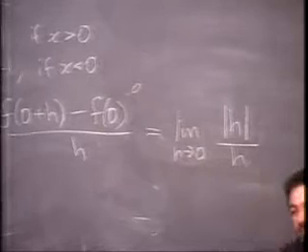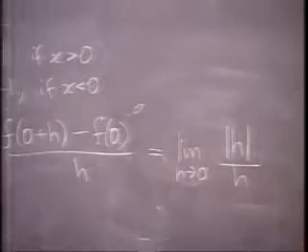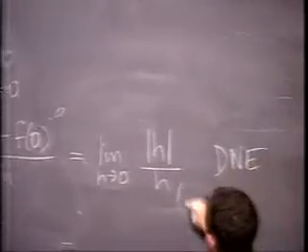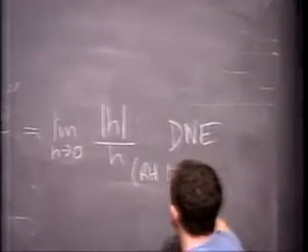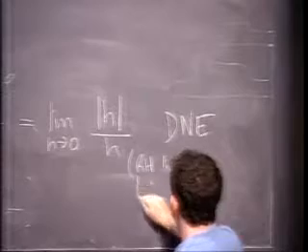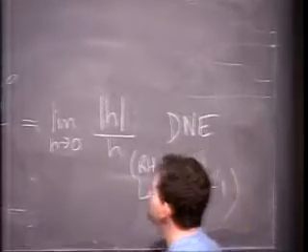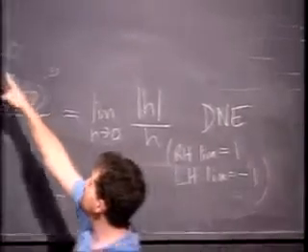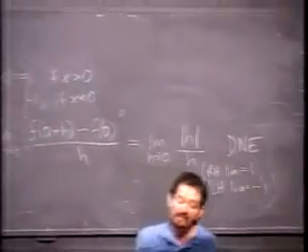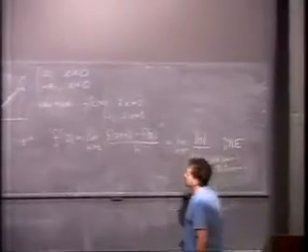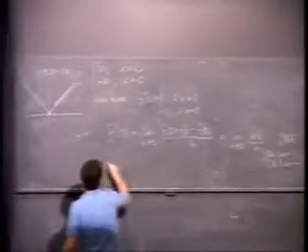And we've actually looked at that limit before, and we've decided that it does not exist, because the right-hand limit equals 1, but the left-hand limit equals negative 1. That's consistent with what I wrote up here, where to the right the derivative is 1, and to the left the derivative is negative 1. So basically, the limit does not exist.